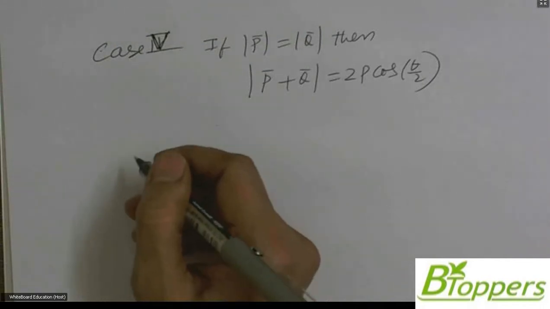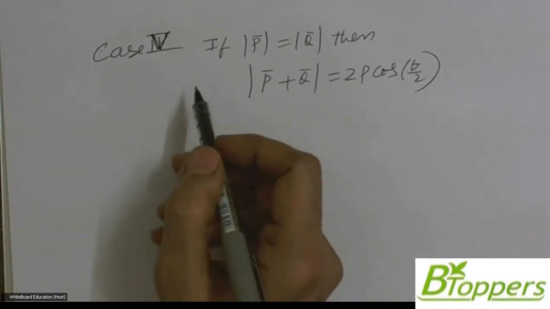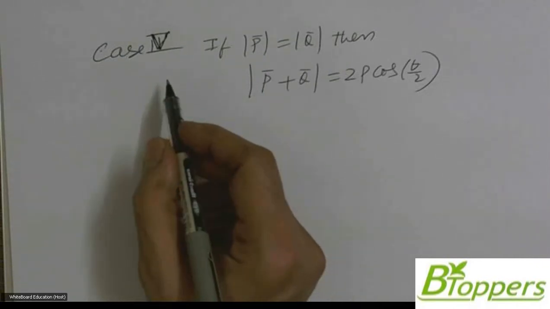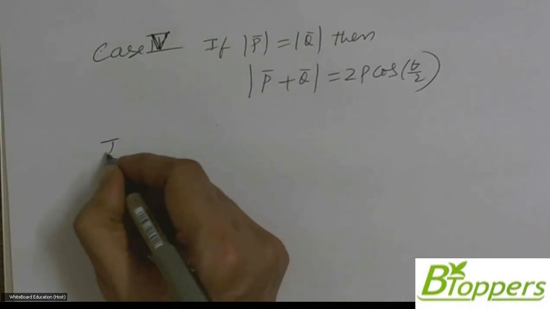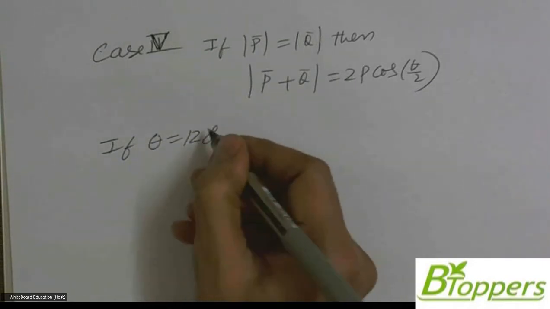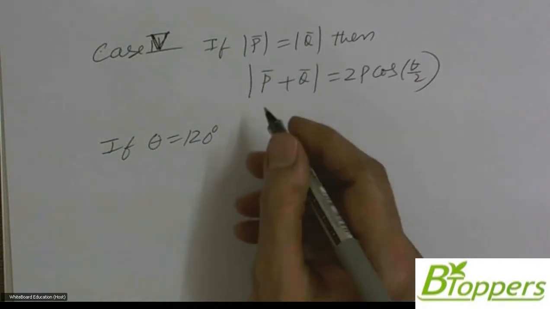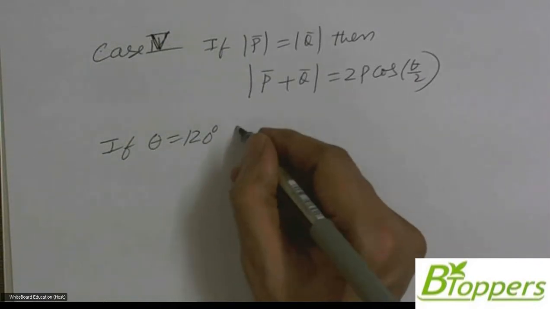So now I am considering a case not different from the previous case, it comes under the previous case. Suppose theta is 120 degrees, that means the two vectors p bar and q bar which have same magnitude are inclined to each other at an angle of 120 degrees.